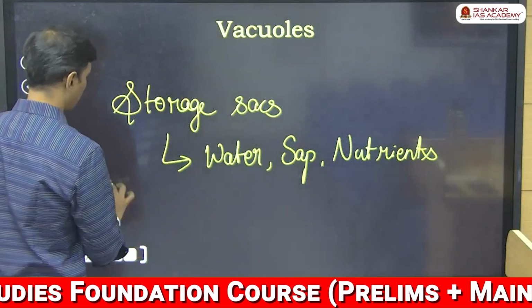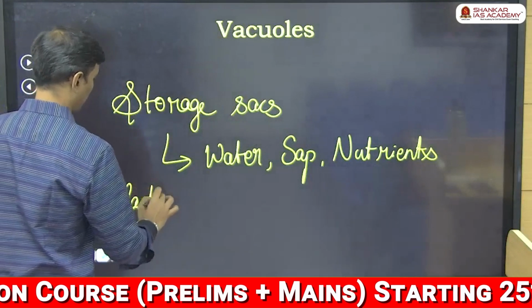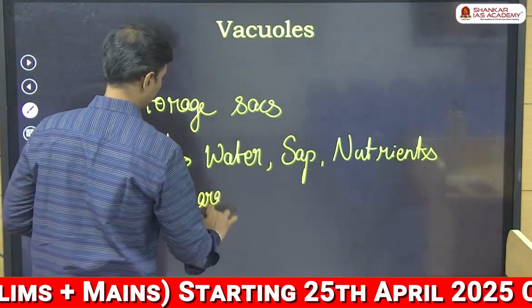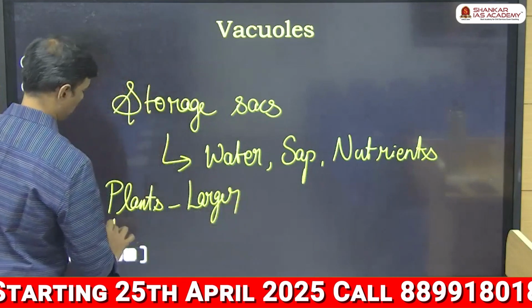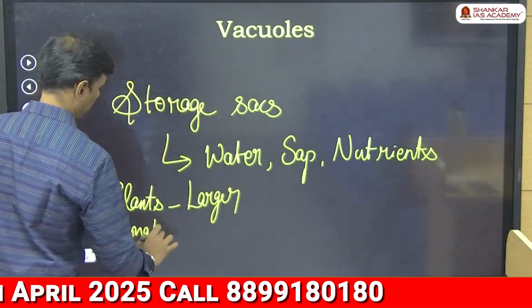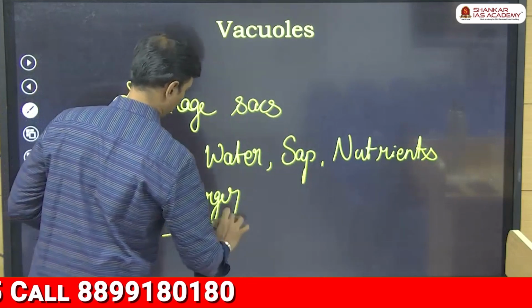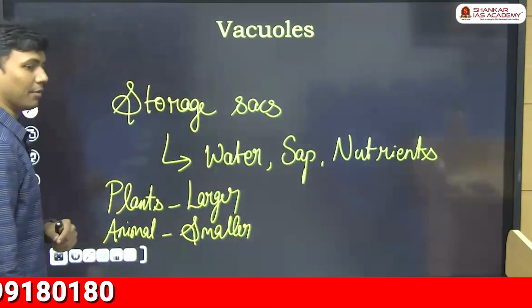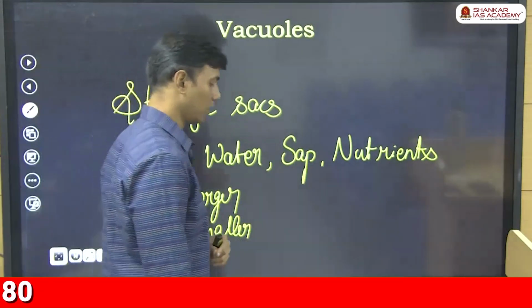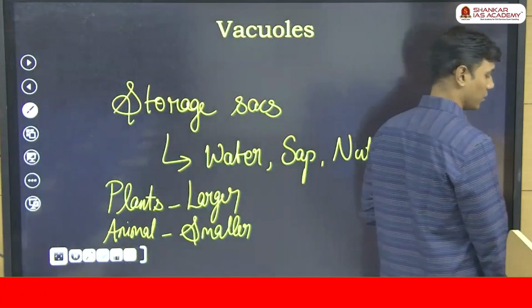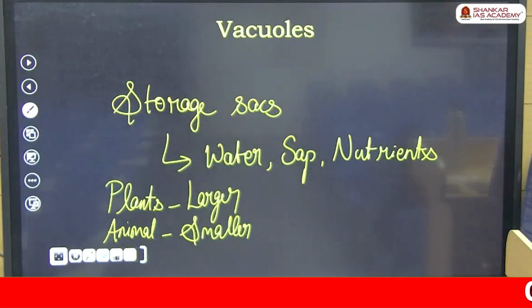And vacuoles are larger in plant cells and smaller in animal cells.